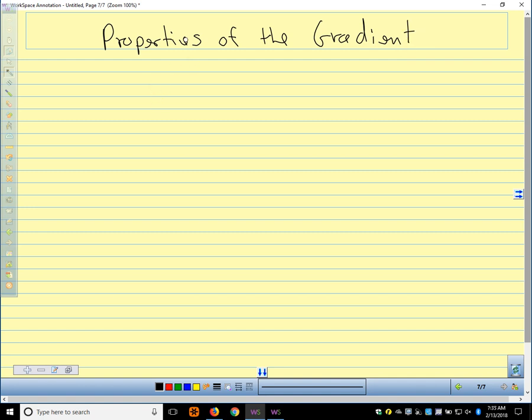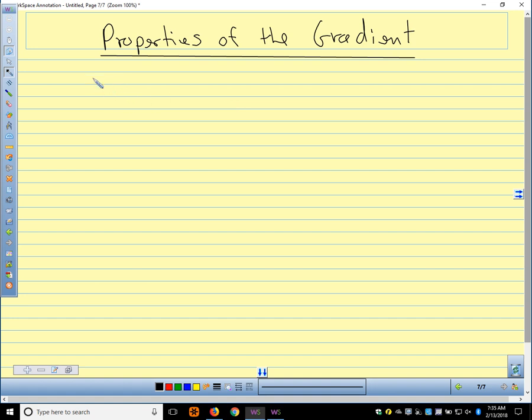Some of these properties are what make the gradient important. We'll talk about some more properties on block day. So we're going to use the gradient in a lot of different ways. There's more after this. I told you it was long.